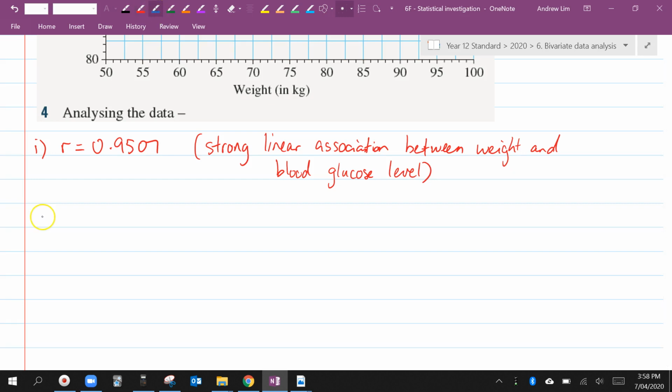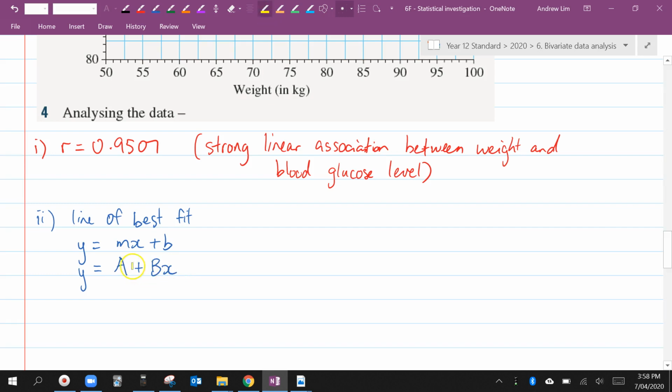Another thing we could do when analyzing data is to work out the line of best fit. Okay, what is the equation of the line of best fit? We're so used to seeing the formula y equals mx plus b. But in our calculator, when we pressed the 2, it said y equals a plus bx.